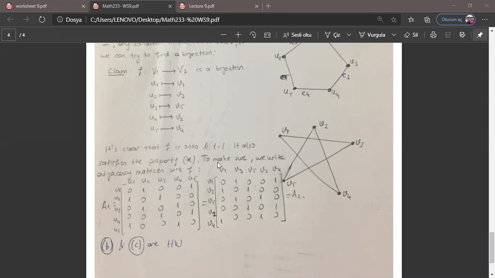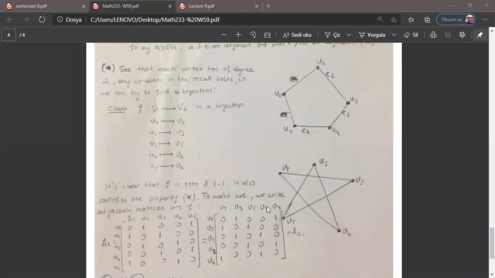So for the first graph, we have this matrix. For the second, we reorder these vertices according to this function f. So we have v1, then v3, as in here, then v5 here, v2, and v4. And similarly, we order them here, then we check.